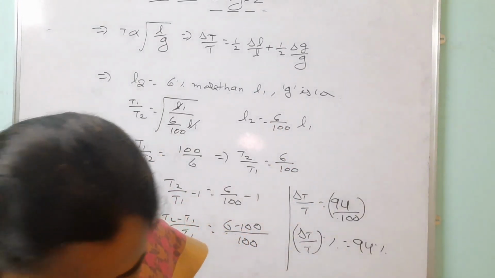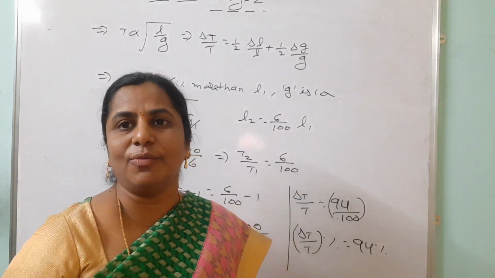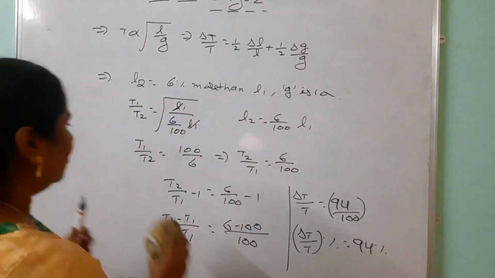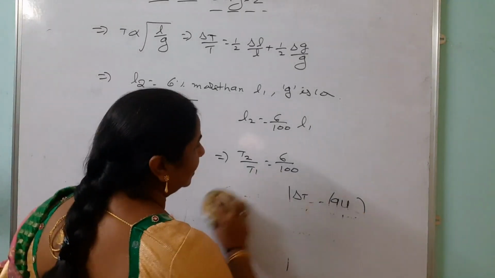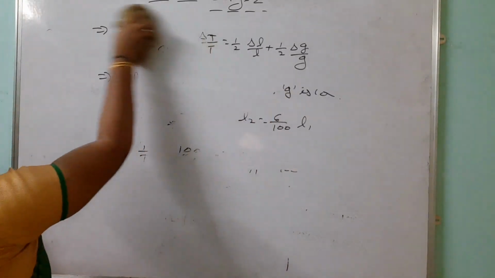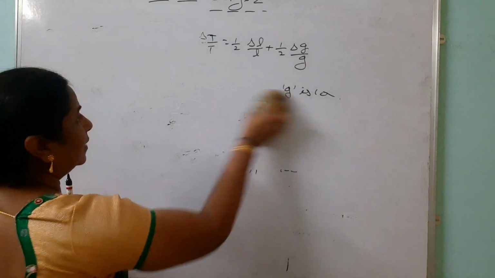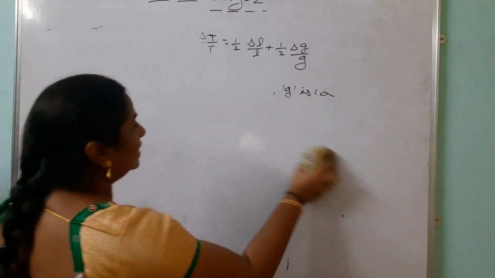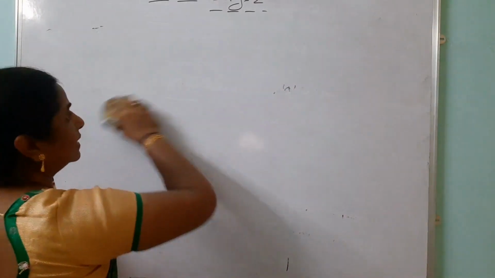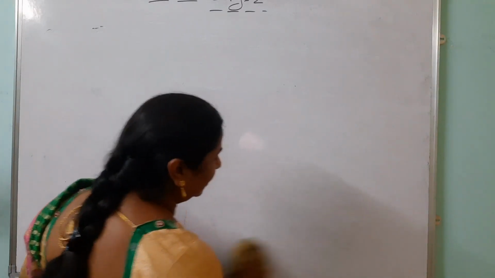Then our very important concept next is what are the significant figures and what are the rules to do arithmetic operations. What are the significant figures? See, the reliable digits plus the first one uncertain digit are called the significant figures.